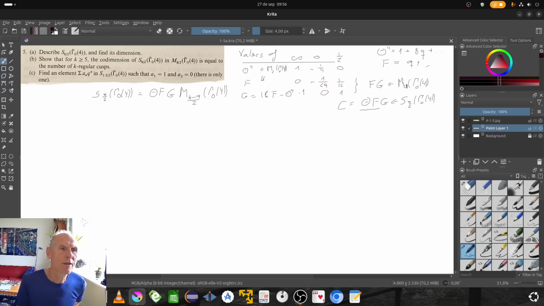And then to find the dimension, the first one, of course, is 9 halves.